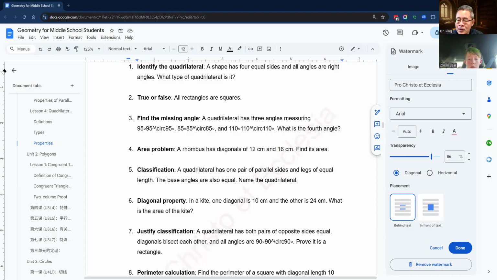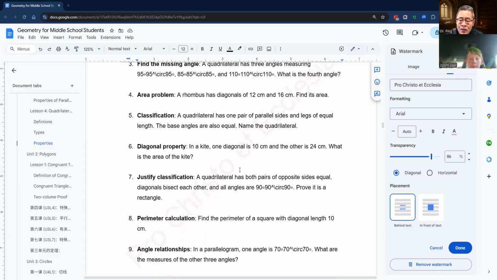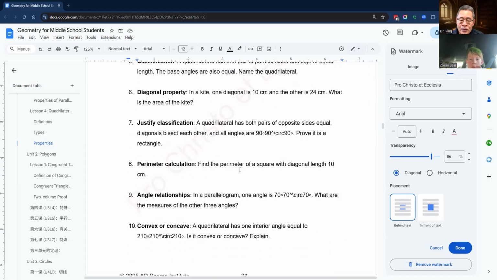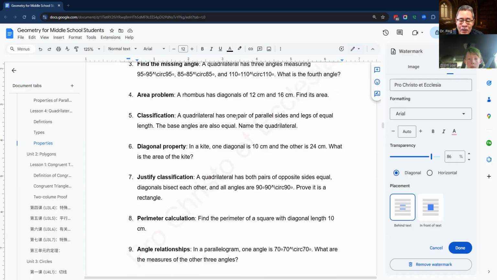Okay. A quadrilateral has one pair of parallel sides and legs of equal length. The base angles are also equal. Name the quadrilateral.